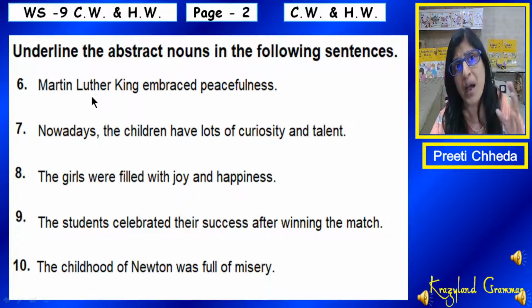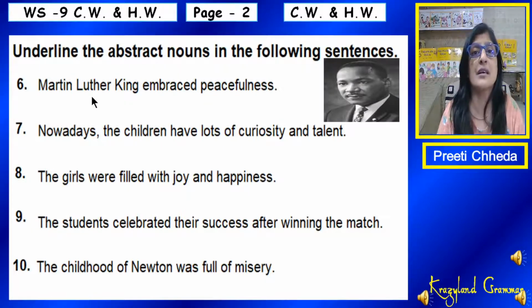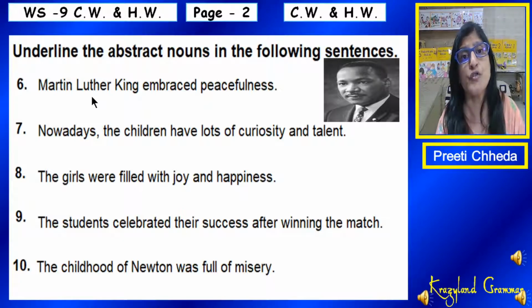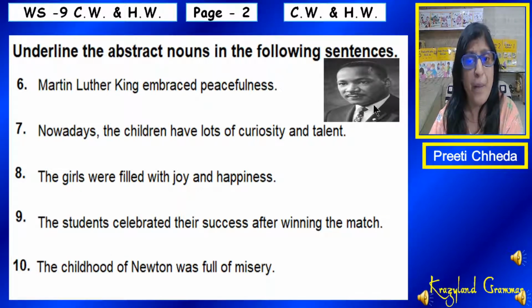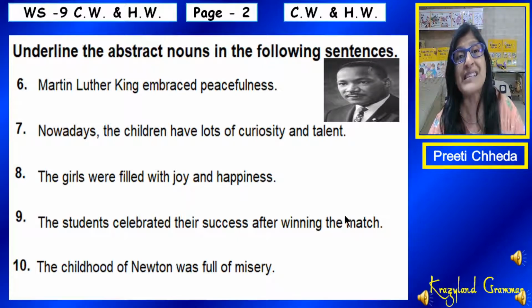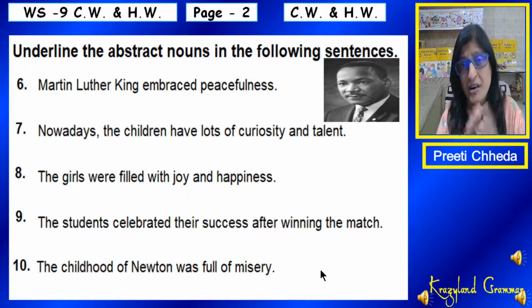Now, do you know Martin Luther King? There were two: Martin Luther King Jr. and Martin Luther King Sr. Here you can see the picture of Martin Luther King Jr. He was a president of America somewhere in 1925 or in the early 19th century.